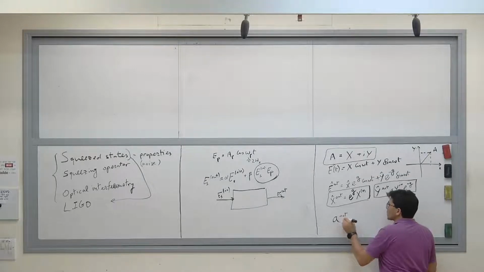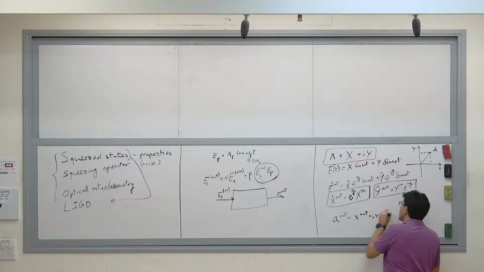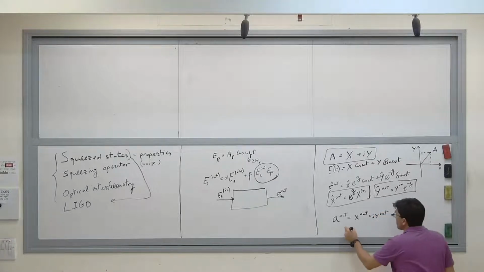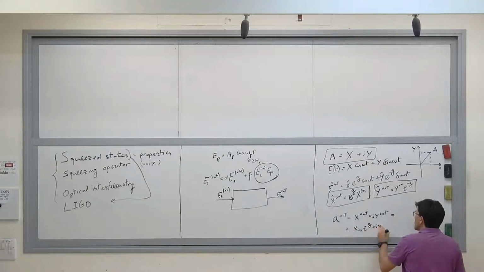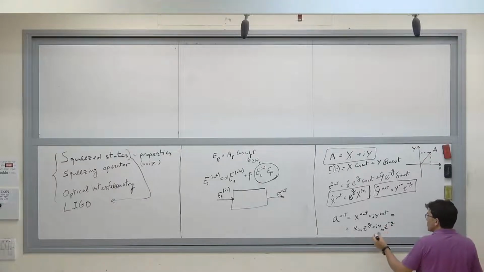So the output annihilation operator equals x out plus i y out, and that is x in e to the g plus i y in e to the minus g.